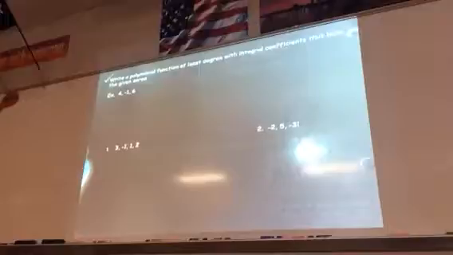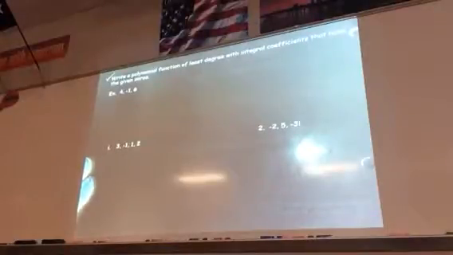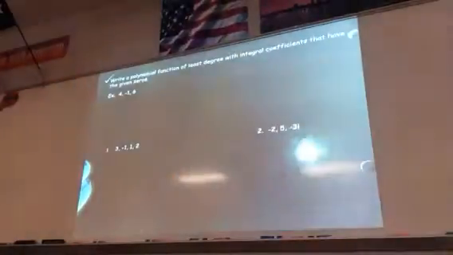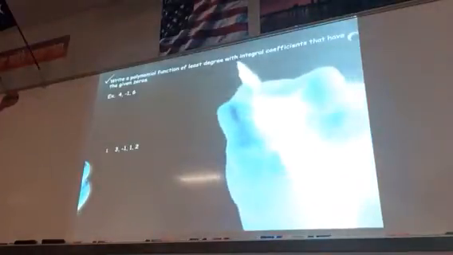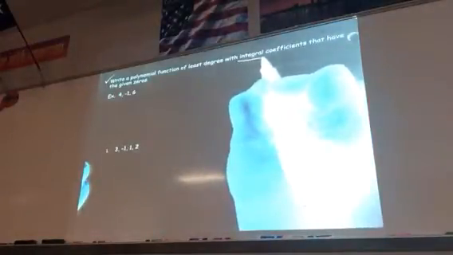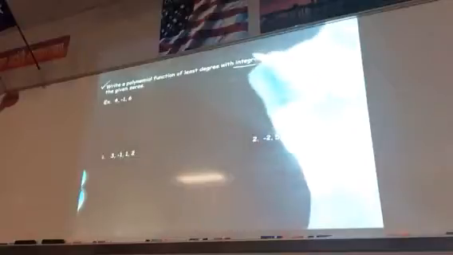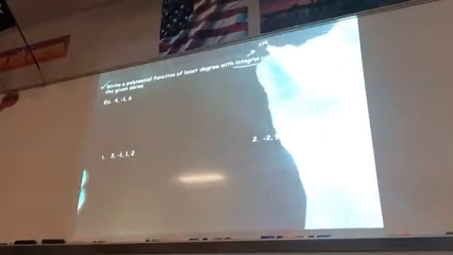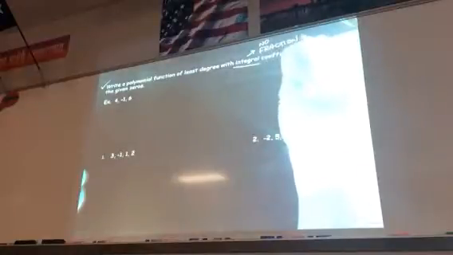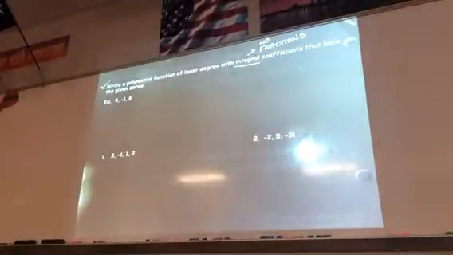Write a polynomial function of least degree. That just means simplified. With integral coefficients, so that means integers, no fractions. That have the given zeros.